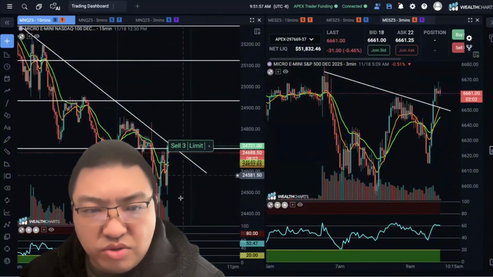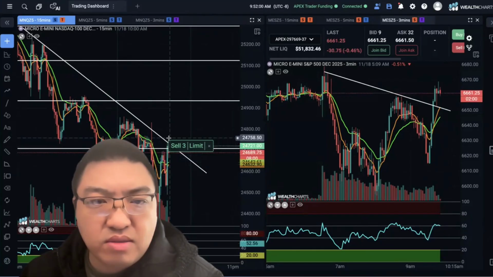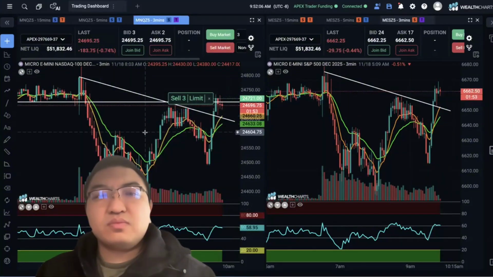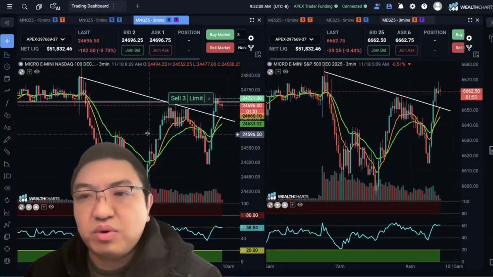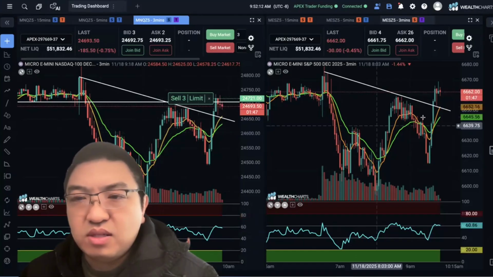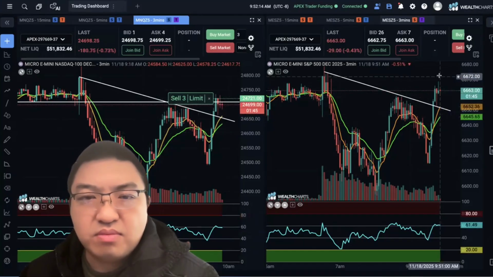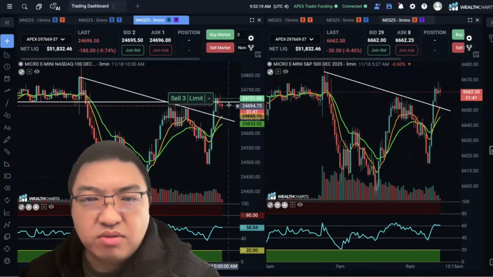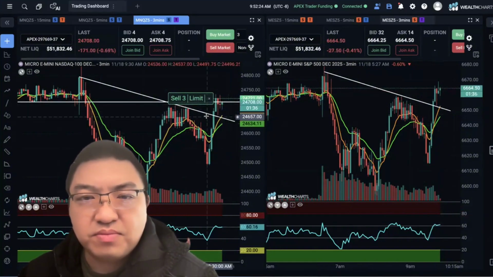If it does not get rejected backwards, then probably it's a breakout, retest and breakout. See if it will come back and pick us up. It seems ES wants to go up, but NQ is trying to break out to the downside.